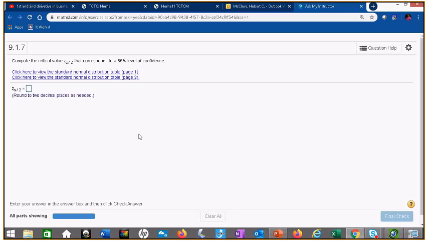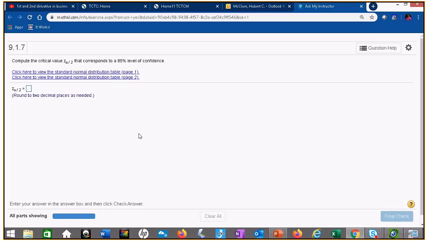85% confidence level is going to be equal to 0.15 equal to alpha. Alpha over 2 would be 0.0750.